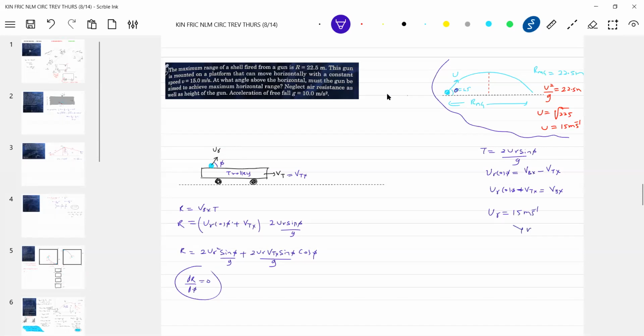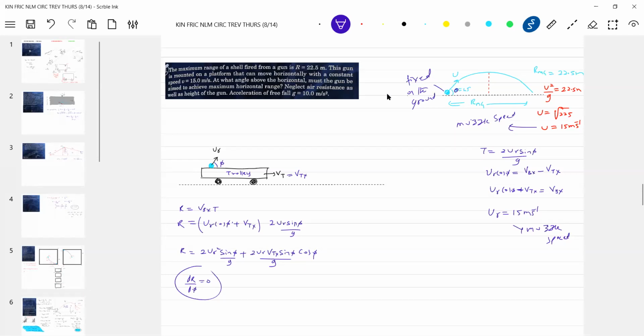So what we call muzzle speed: when it is fixed on the ground, it is the absolute velocity, and on a moving trolley it becomes the relative velocity. Are you able to get this? This is, I think, very important.